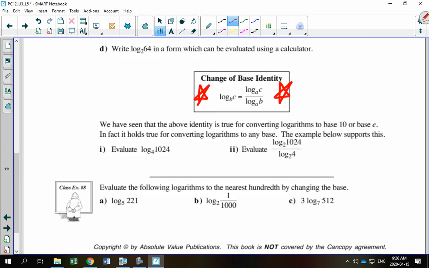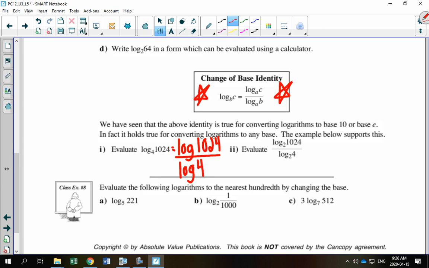So let's do some practice with this here. If I wanted to evaluate log base 4 of 1,024, to convert these into the same base, being base 10, this would be the same as log 1,024 divided by log 4.